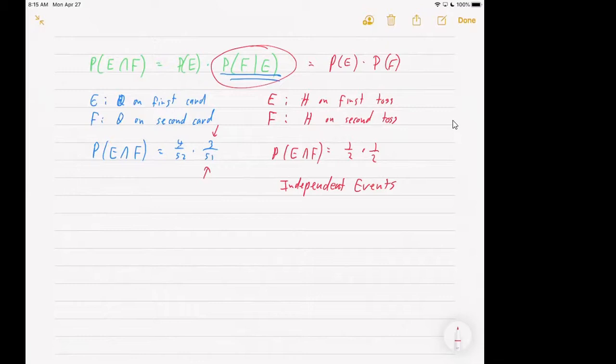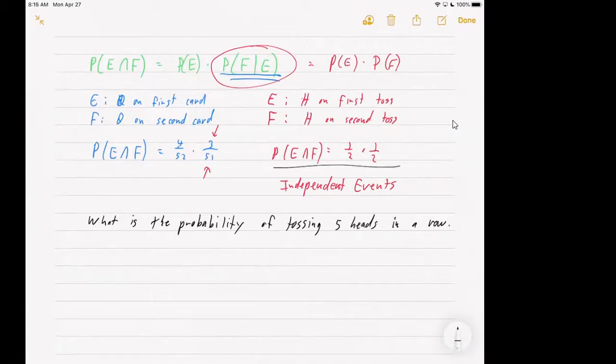Okay, so continuing along. The question that we started with is, what is the probability of tossing 5 heads in a row? Okay, so we're just expanding on what we have right up here.